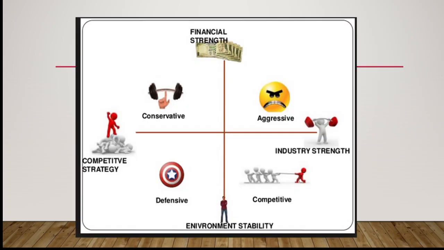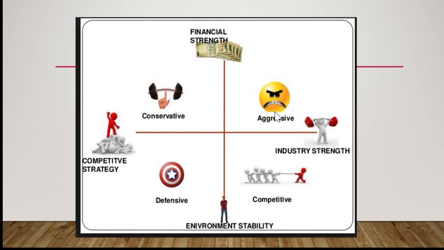Okay, so this is how a SPACE matrix looks like. Ito yung mga possible quadrants sa SPACE matrix natin. So, we have aggressive, competitive, defensive, and conservative. So the SPACE matrix is broken into 4 quadrants where each quadrant suggests a different nature of strategy.